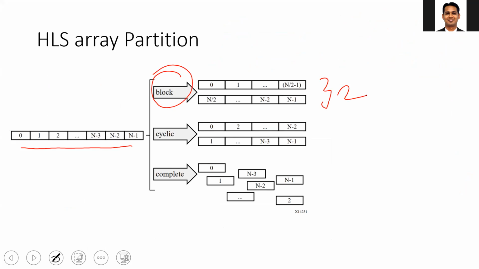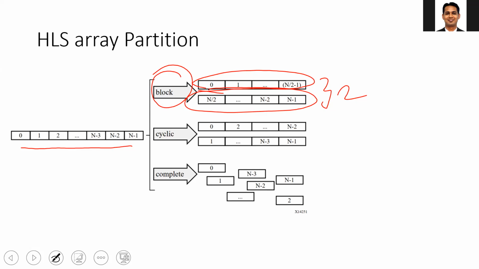So what I do is, the first half of the data I put in the first unit, and the second half I put into the second unit. Okay, this is called block. So I take a block of data and put it in the first unit, the next block of data in the second unit. If my factor is 3, then I take 1/3 of the data and put it in the first, another 1/3 in the second, and the rest of the 1/3 in the third unit.